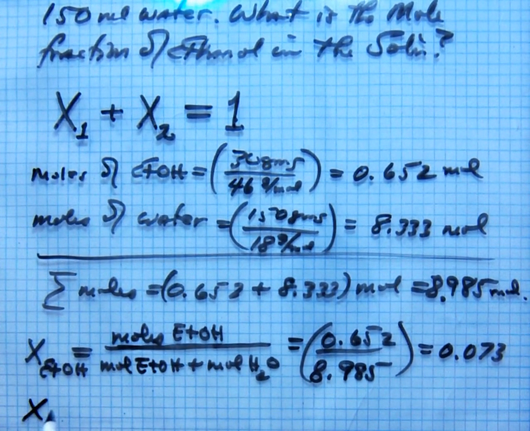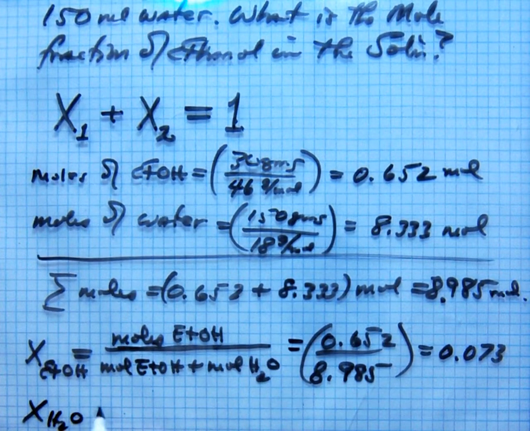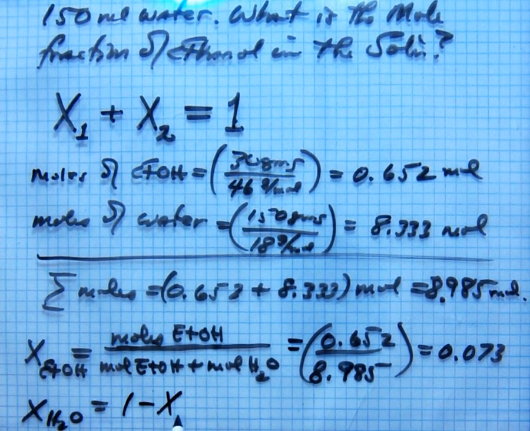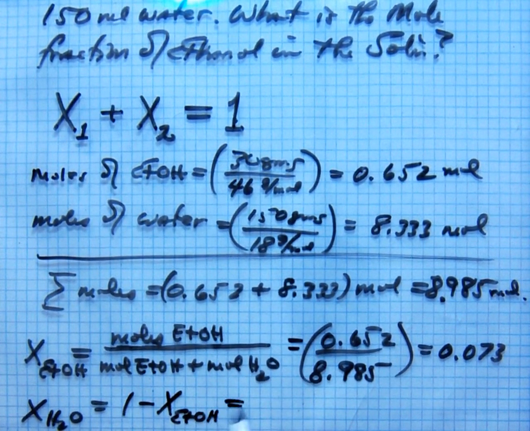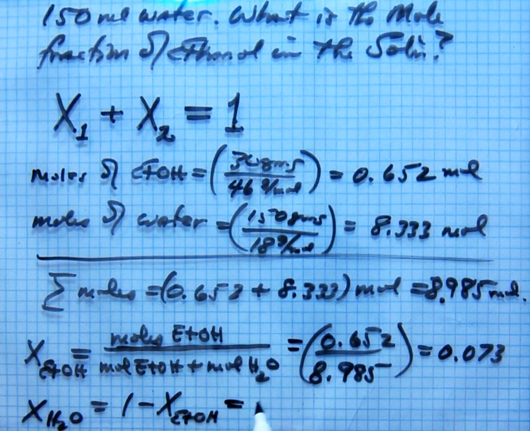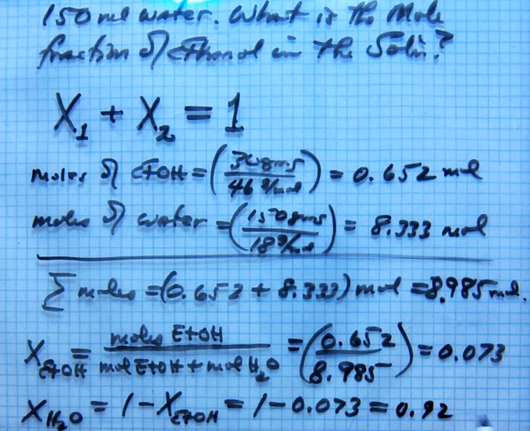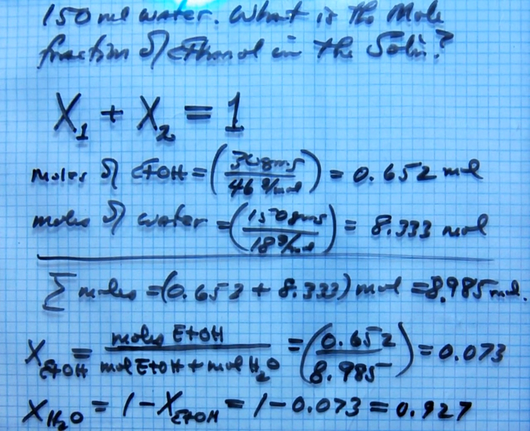Well, in passing, if you want the mole fraction of water, since the sum of these two equals 1, then I can take 1 minus the mole fraction of ethanol to get the mole fraction of water if you want to add that to it. So that's 1 minus 0.073, which is 0.9274. I'll just stop at 7 because the sum of those two has to equal 1. So we have the mole fraction of water and the mole fraction of the ethanol.